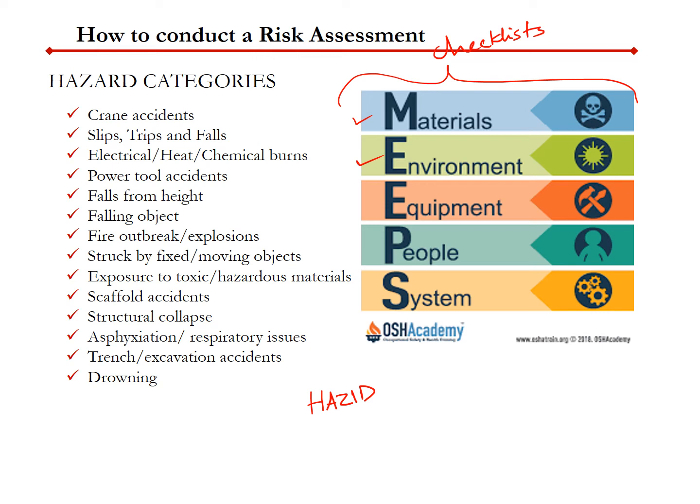So you could have materials, environment, equipment, people, or hazards related to the system. Or you could have this other category. You could say, for example, crane accidents. What kind of hazards or causes may lead to crane accidents?